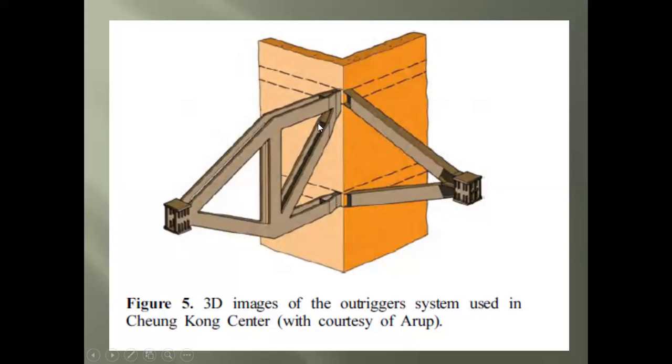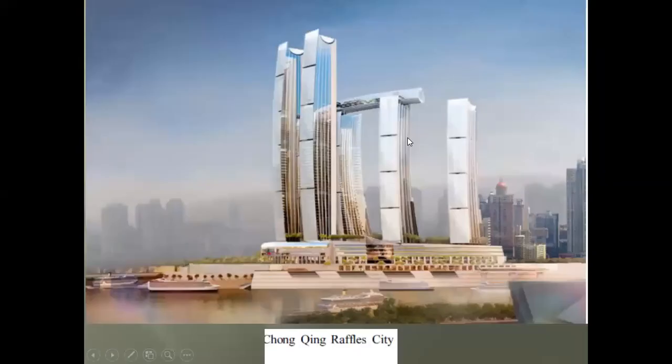Here is a connection. I told you previously that this connection is a rigid connection. Most of the tallest buildings in the world include the outrigger system in their construction.